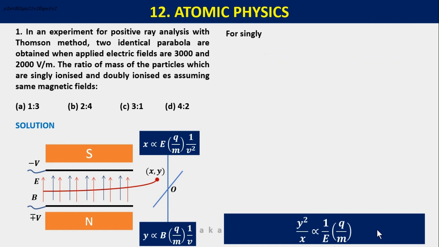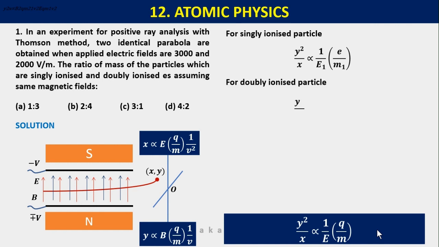So let us solve the problem for singly ionized positive ray. It is y square by x proportional to 1 by E1 multiplied by e by m1, because singly ionized, the charge is one time e. Right. For doubly ionized, this particle also takes the same parabola. So we can say that the left hand side y square by x is proportional to 1 by E2 multiplied by 2e by m2 for the second particle, doubly ionized.